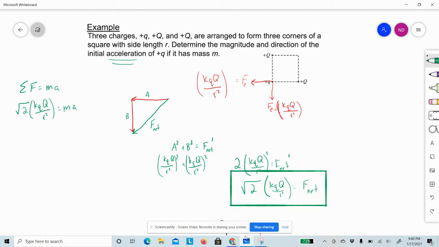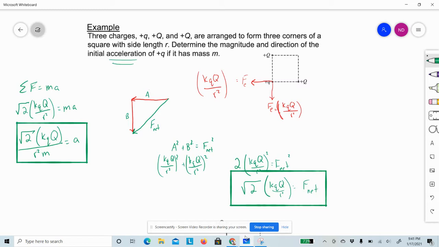Divide both sides by m. The square root of 2 multiplied by K, Q, Q over R squared m equals a.